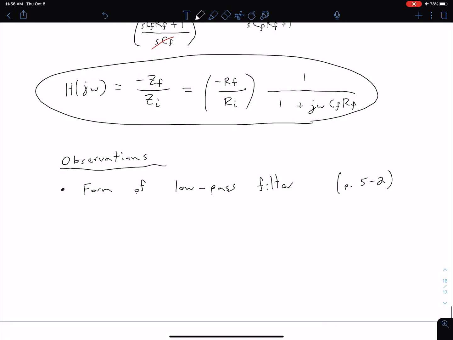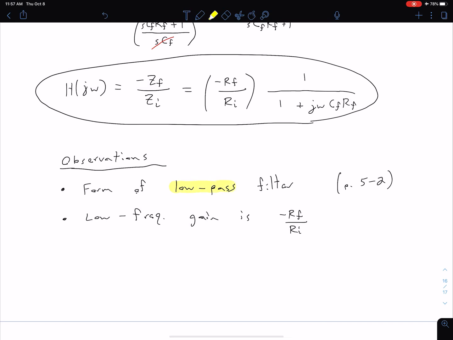Our low frequency gain, so this is new, remember we can have a gain now, is going to be equal to negative Rf divided by Ri. That is occurring when our omega is really small, so that this highlighted term is approximately 1. So our gain is this part here, negative Rf divided by Ri.